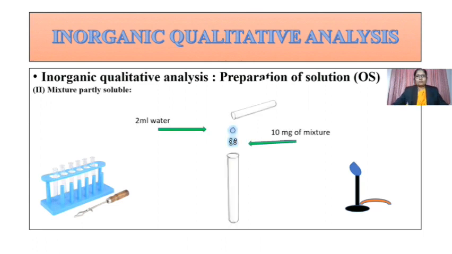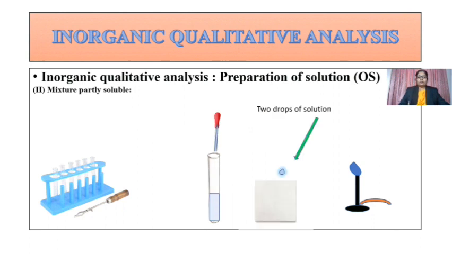Next is the preparation of solution of the mixture if it is partly soluble. Take the mixture in a test tube, then add a little amount of water. Shake it well and then take 2 drops of this filtrate on a slide and evaporate.